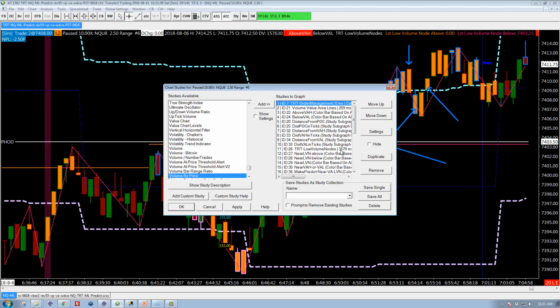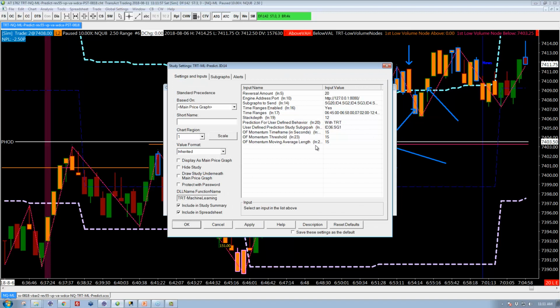This uploaded last night, so next time you log in, you'll have the new versions of the studies. You'll have this study now, which is TRT low volume nodes, and a new TRT ML predict, which has a new option in the prediction for user-defined behavior.